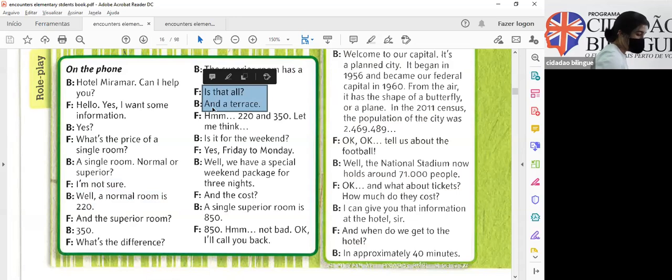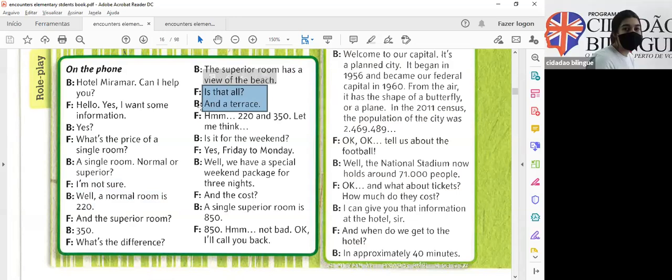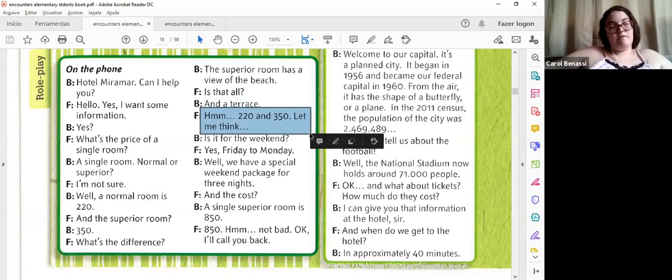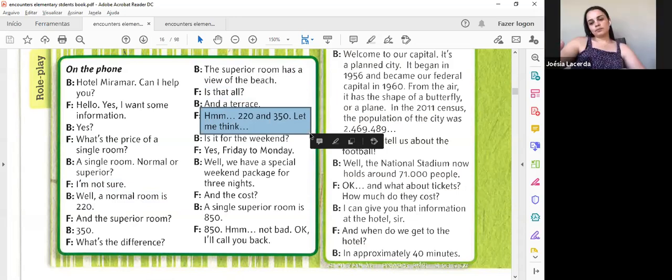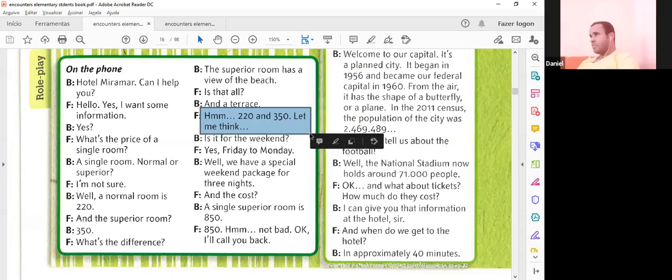And a terrace. 220 and 350. Okay, very good. Let me think.